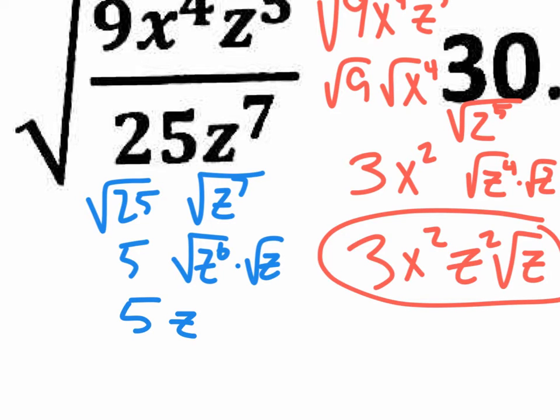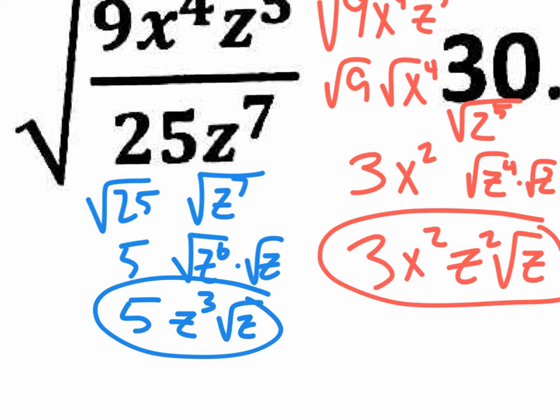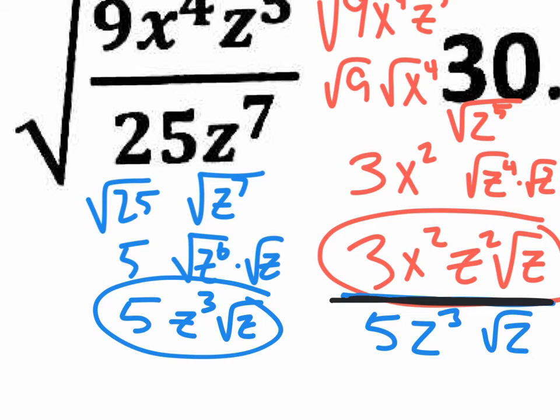If you rewrite that as a rational exponent, it's going to be 6 over 2. So that would be a 3 right there. And then the square root of z. Now remember, this is your denominator. So you still need to put the numerator over the denominator, which is 5 z to the 3rd square root of z.